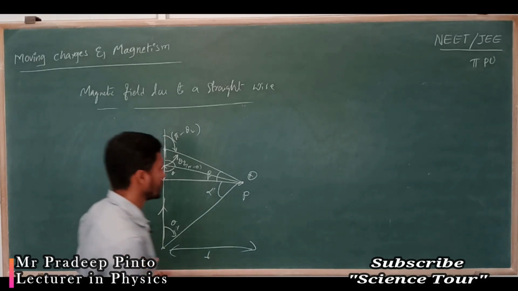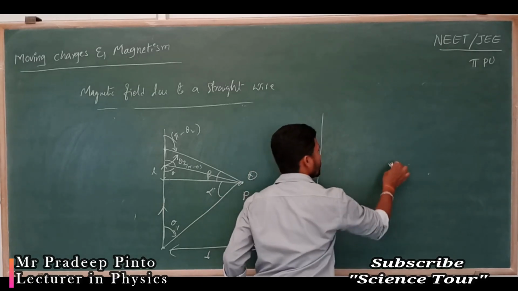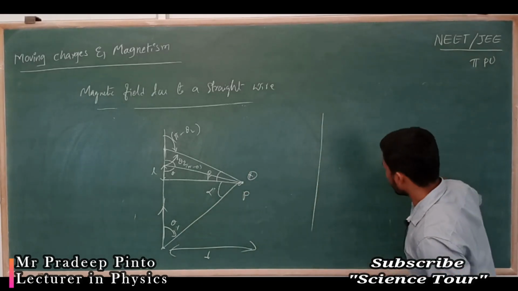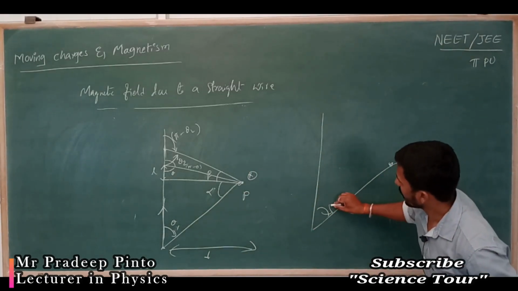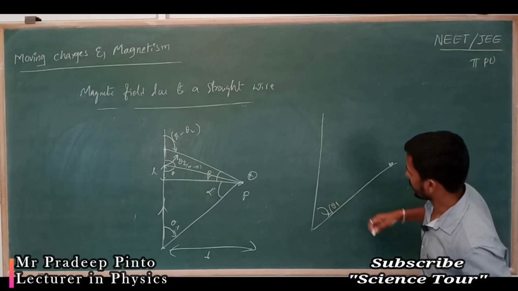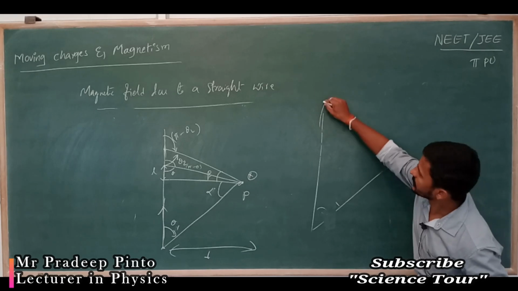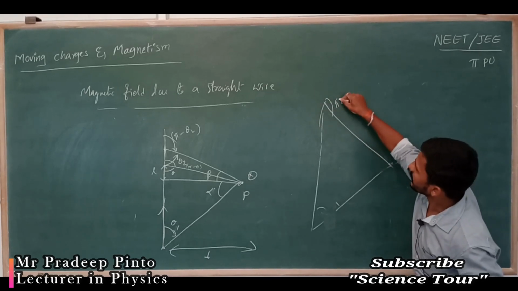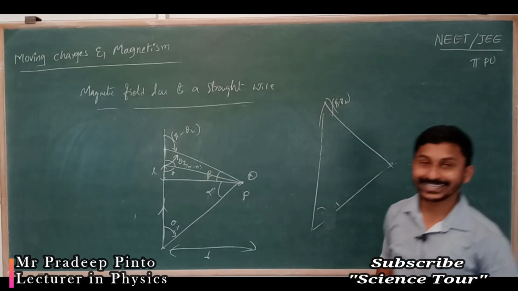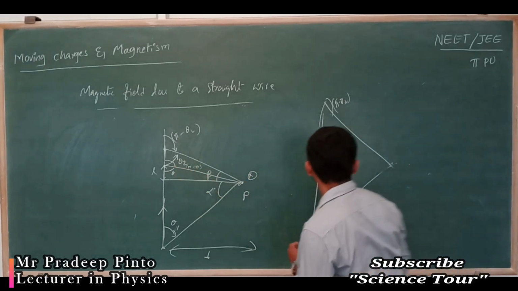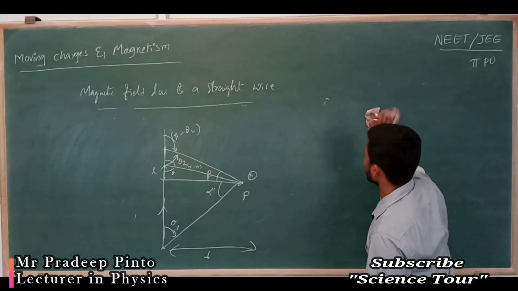Why? Because here the point was making theta 1, and taking it to the top makes pi minus theta 2. First I have to find the magnetic field here.